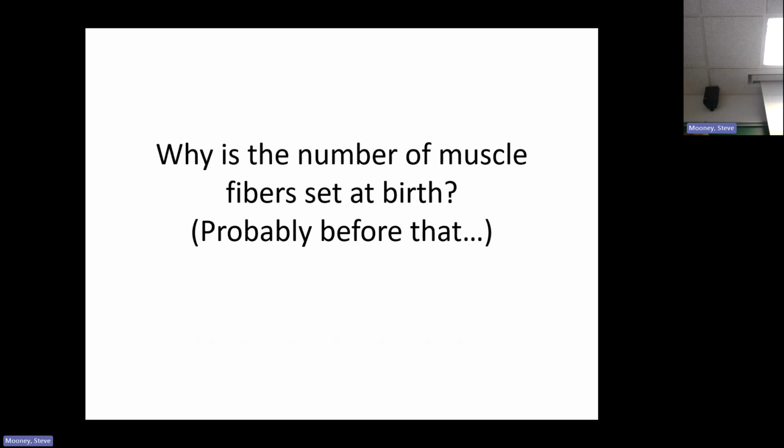So it's got to be set. So we have a nerve coming down to one cell. Now maybe there's groups of cells that move together, but you've got a nerve coming down to one cell. I can't be increasing and decreasing the number of muscle fibers, the muscle cells I have, and still make that system work. So that wiring is all set up before you're born.